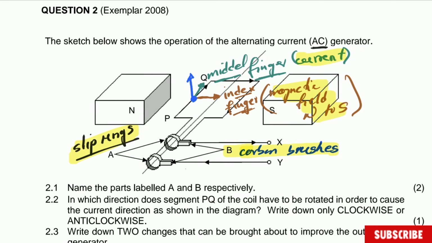And then the thumb, pointing at a right angle to the middle finger and the index finger, is going to represent the motion of the coil. Guys, you can see then that this is going to be clockwise. The direction in which this specific coil is moving is clockwise.